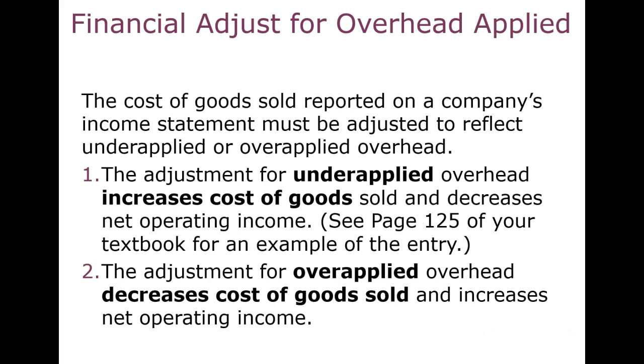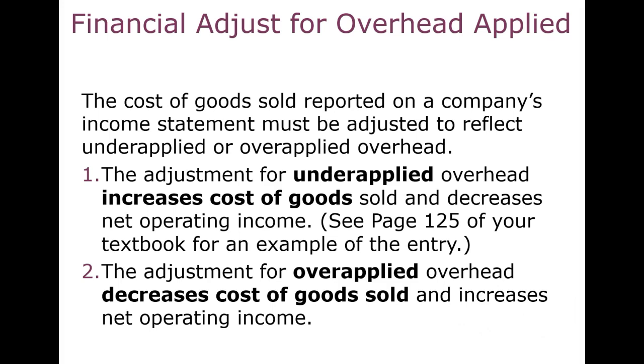That's an example of, I guess you can say, getting rid of the under-applied overhead we had at the end of the year. We did not apply enough overhead, therefore we did not have enough attached to the jobs as they went through the system, as they went into finished goods, and then most of them end up in cost of goods sold. So now we need to attach more cost to cost of goods sold because of this under-applied overhead.